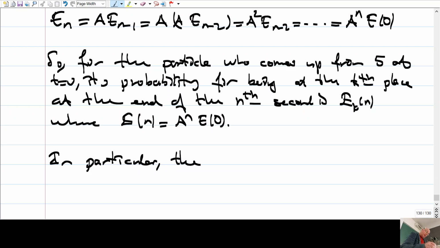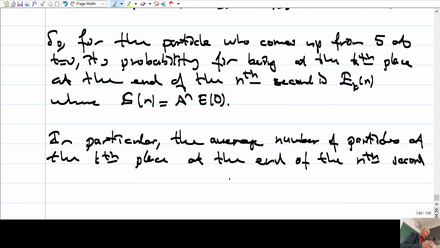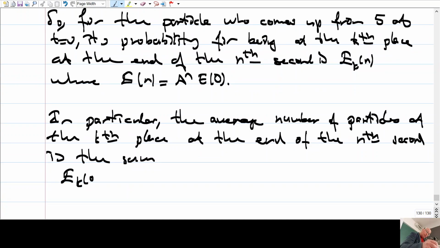In particular, the average number of particles at the kth place at the end of the nth second is the sum. The probability for the particle who comes up at t equals 0 to be at the kth place at the end of the nth second is a k n.